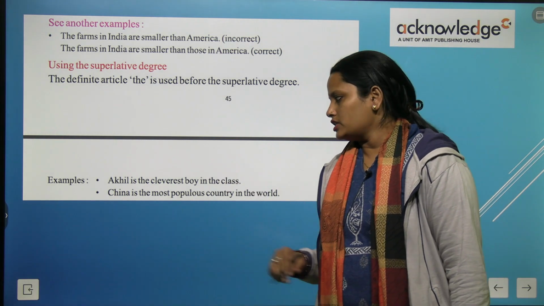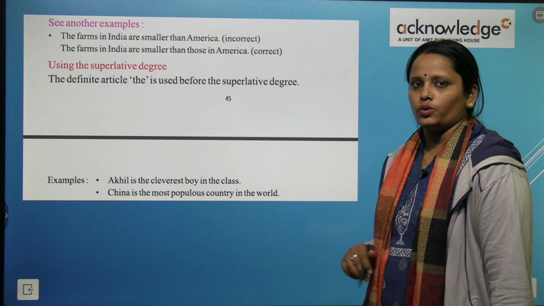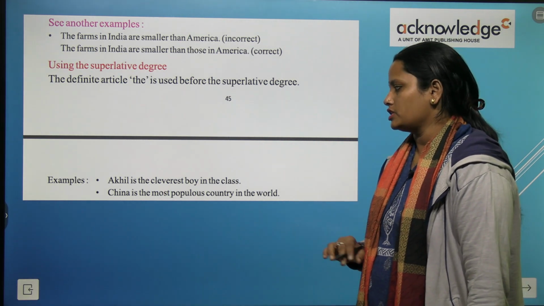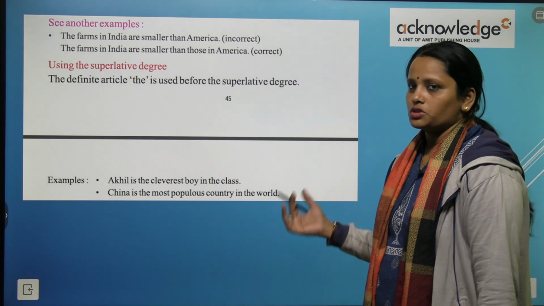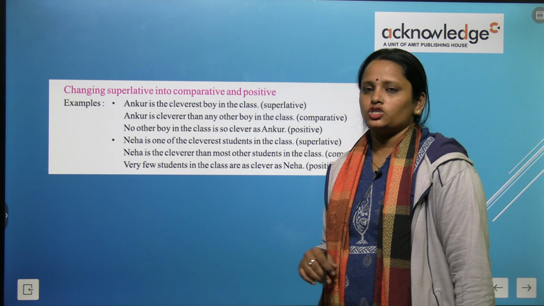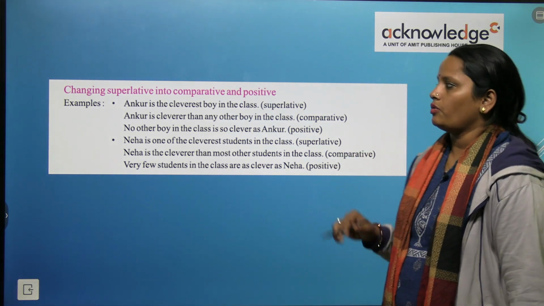Achilles. China is the most populous city in the world. So China was compared with the cities and countries of the whole world, and which has the highest population? China.